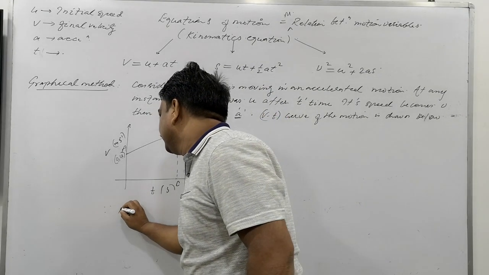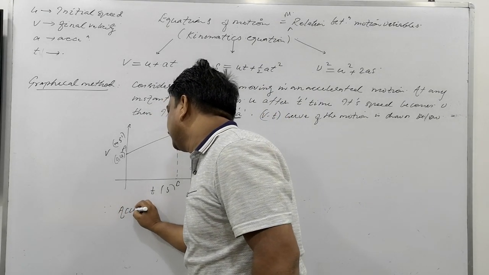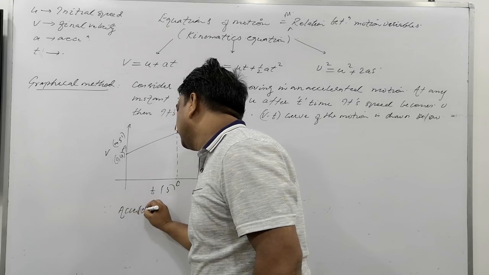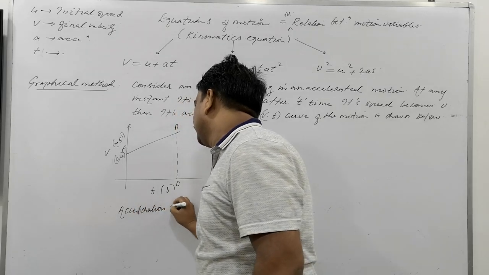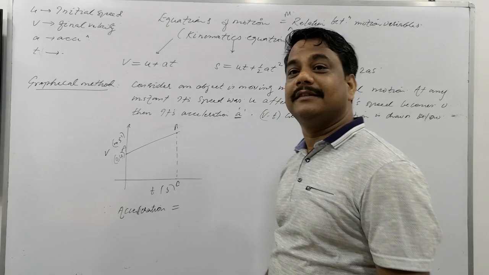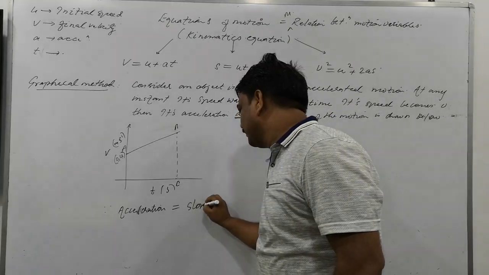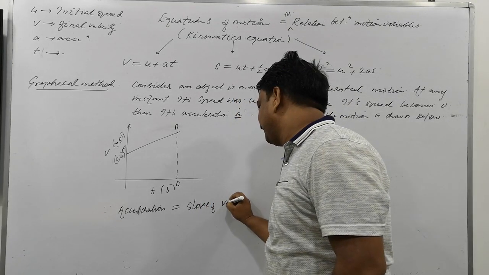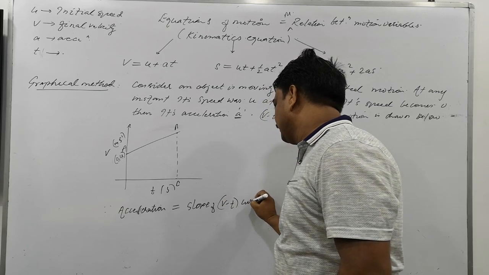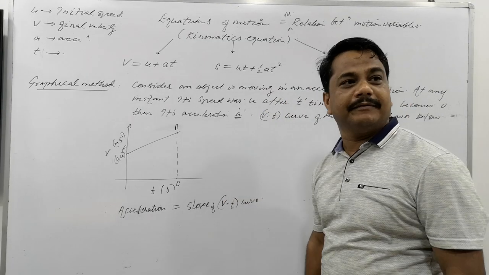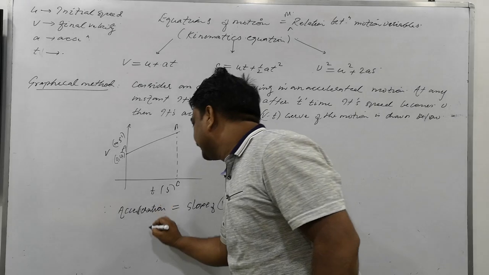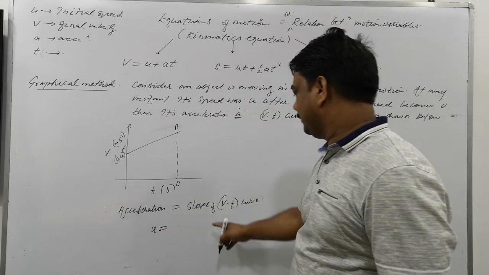Since acceleration equals what, please tell me? Slope of the VT curve. Acceleration, represented by a, is the slope of the VT curve.